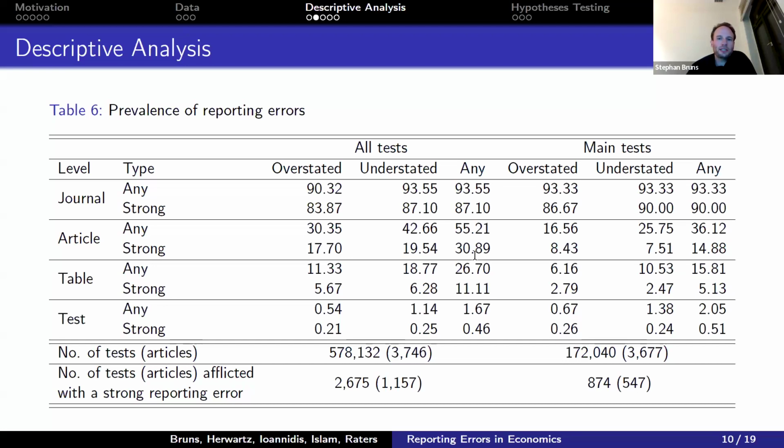So 31% of the economic articles have at least one strong reporting error, where a result is labeled to be significant when it's actually not, or the other way around. So it's not labeled to be significant when it actually is. When we focus on the main tests, we can see that this is about 15% of the articles. And this is in the same ballpark as was found in other disciplines.